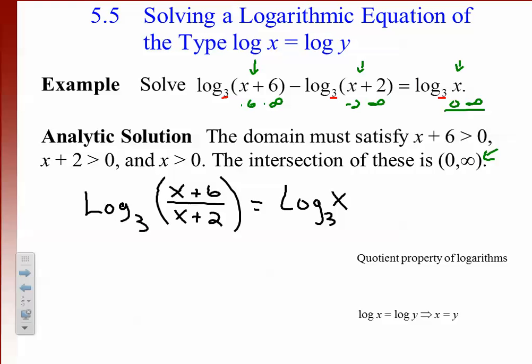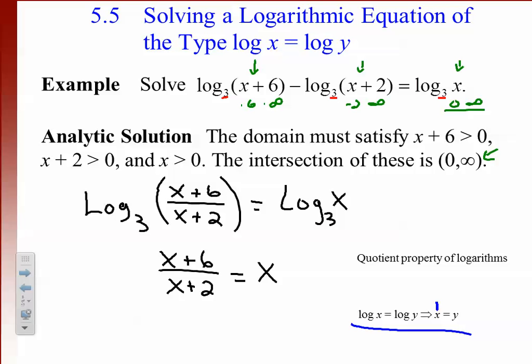Okay, so what does that give us? Now this is the main step in solving it. From here we can get rid of the logs. We can go right from here to x plus 6 over x plus 2 equals x, because there's a property, they got it written down here, that says if the logs of the same base are equal, then the two arguments must be the same.